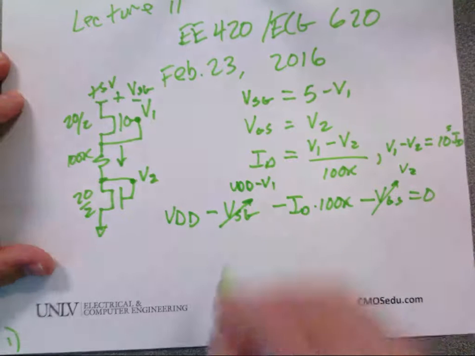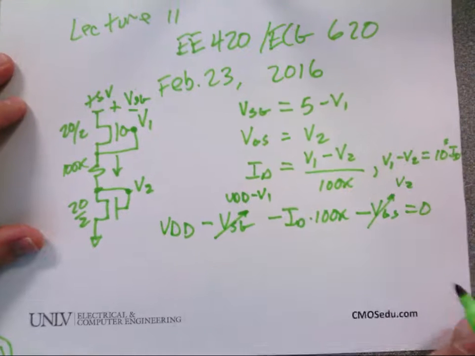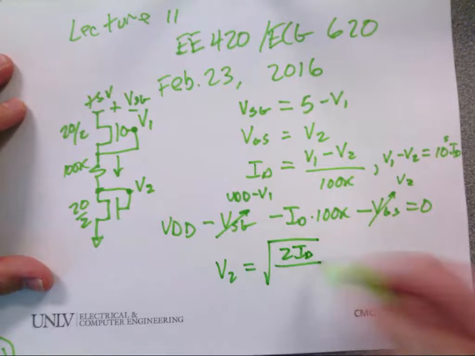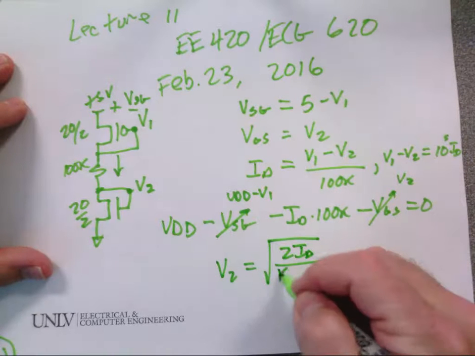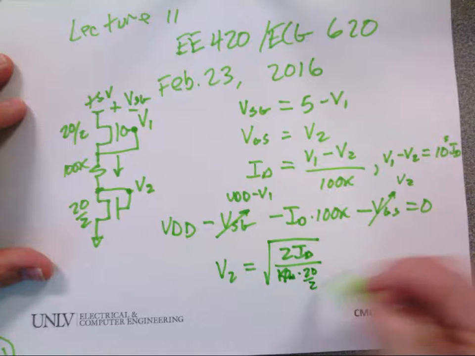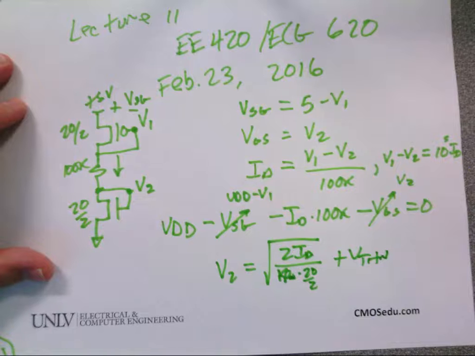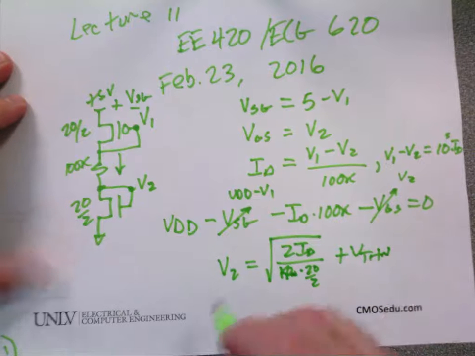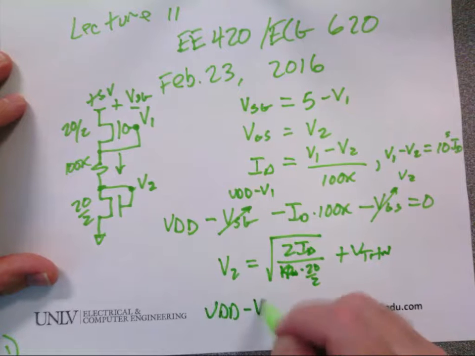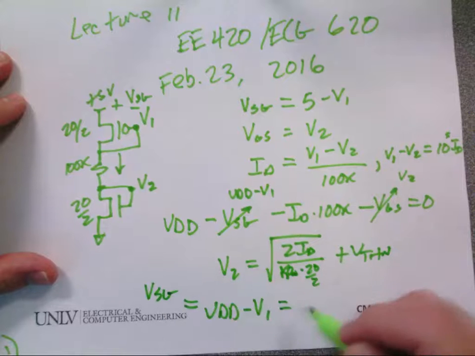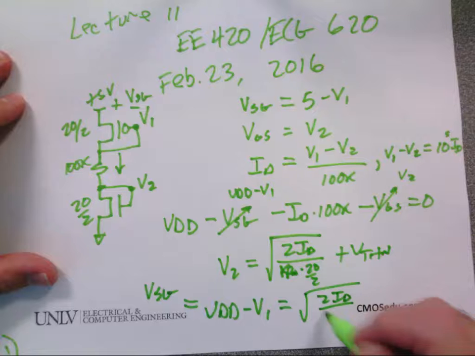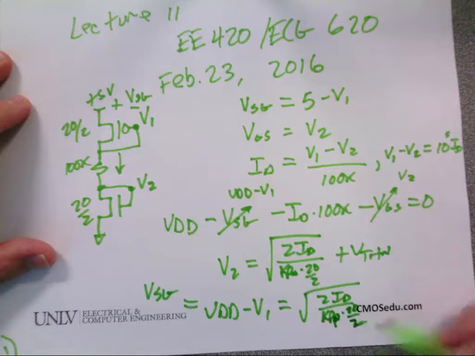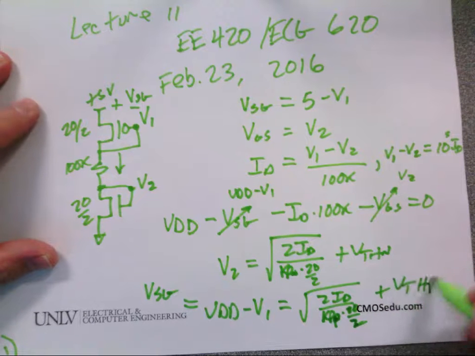So why don't I write instead, I'm going to skip a step here and tell me if it's too much. V2 equals the square root of 2 times ID over Kp sub n times 20 over 2 plus V threshold n. I'm going to write, and I'm not going to skip this step, VDD minus V1, which is equal to VSG, is equal to the square root of 2ID over Kp sub p times 20 by 2 plus V threshold p.